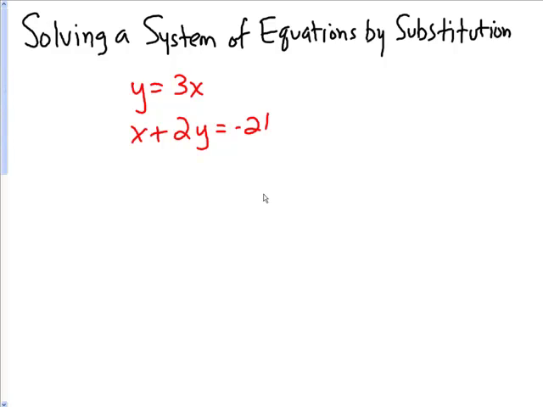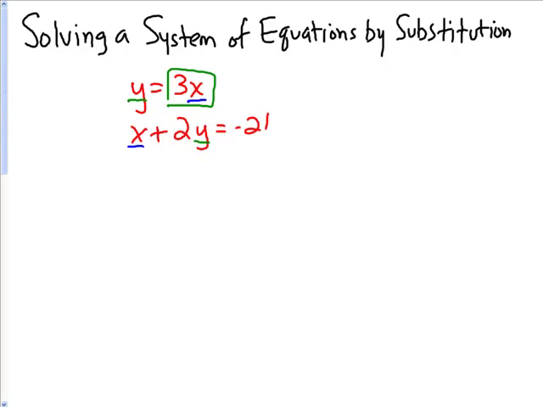Now we can see that in the first equation we have an expression for y, y equals 3x. And in both equations, the variable y is the same y, and the variable x is the same x.